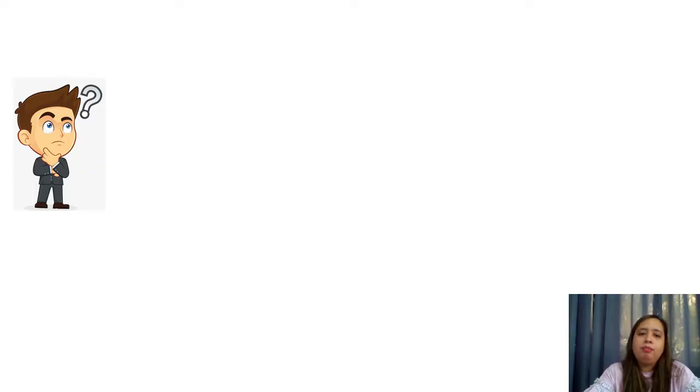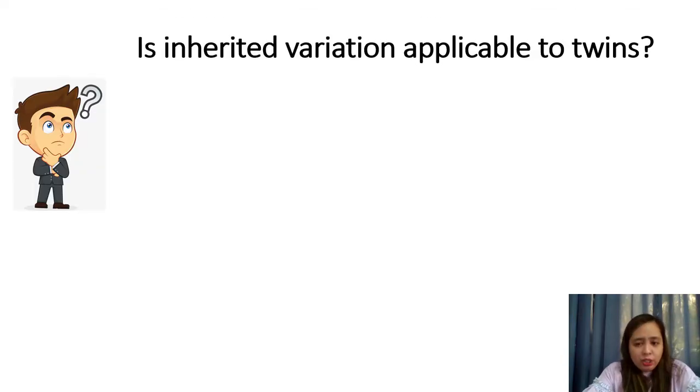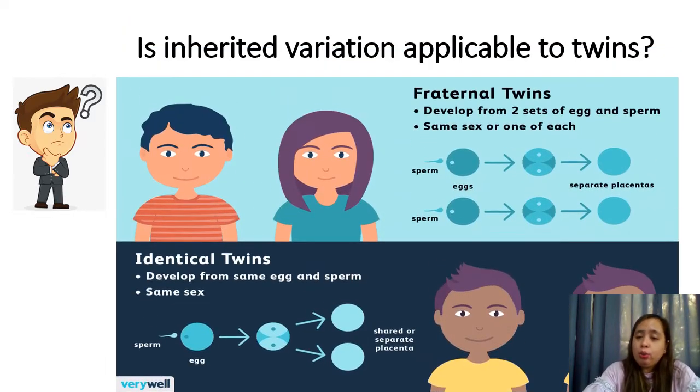Alright. Now, a question on inherited variation. Is inherited variation applicable to twins? You know for a fact that we have two types of twins.